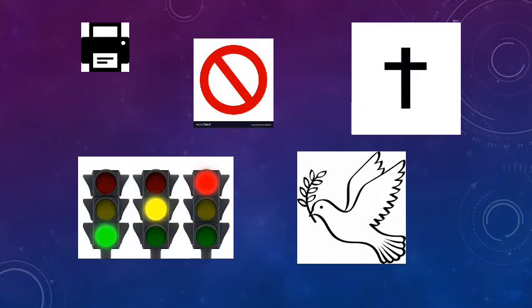Like if you're printing a Word document, you press that icon to print your document. And then we have the universal stop sign, the circle with a line through it, which means no, don't go in here, don't do this. And then we have some stoplights, green, red. Green means go, red means stop. These are all physical items. We can see them, we can touch them.